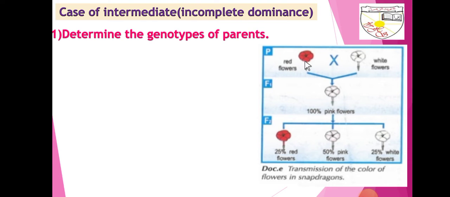So the red flower has genotype RR and the white flower has genotype WW. So they are pure, they are homozygous. How did I know? Because it gives in the F1 generation one phenotype, 100% of one phenotype, which is pink flower. Okay?